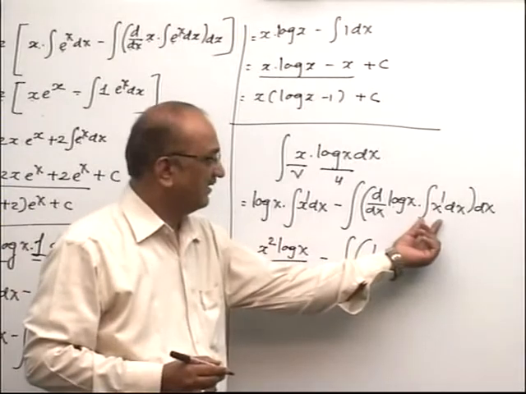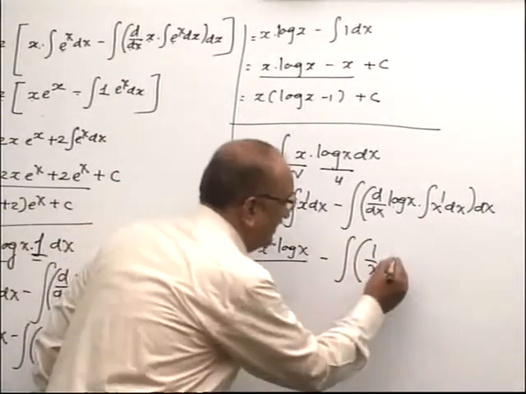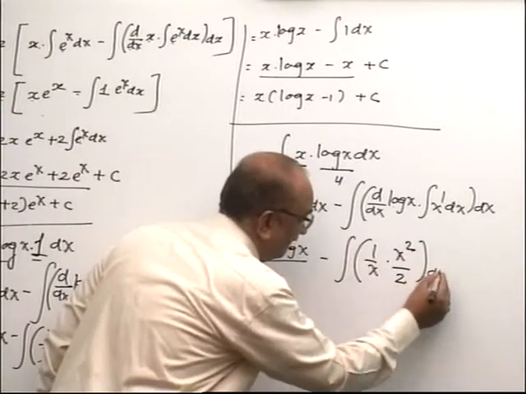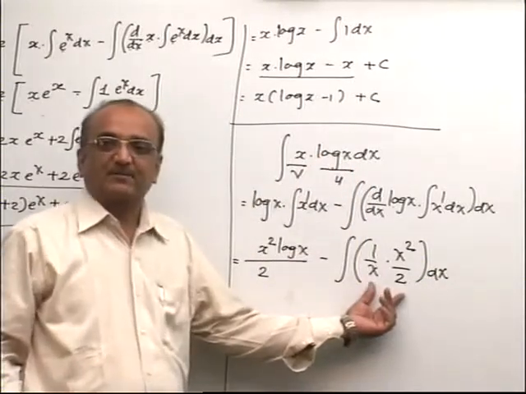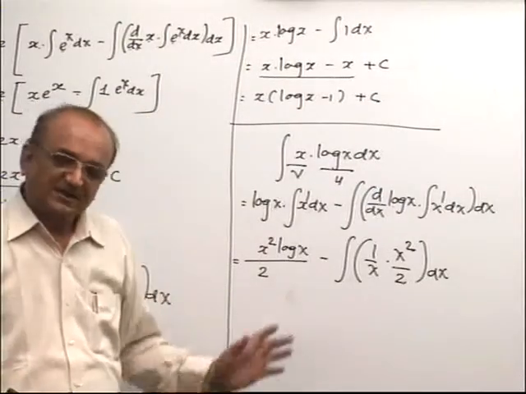Next, integration of x raised to 1. Again you write x square upon 2, because we are finding integration, not derivative. 1 upon 2 into x square upon 2. Simplify the term.